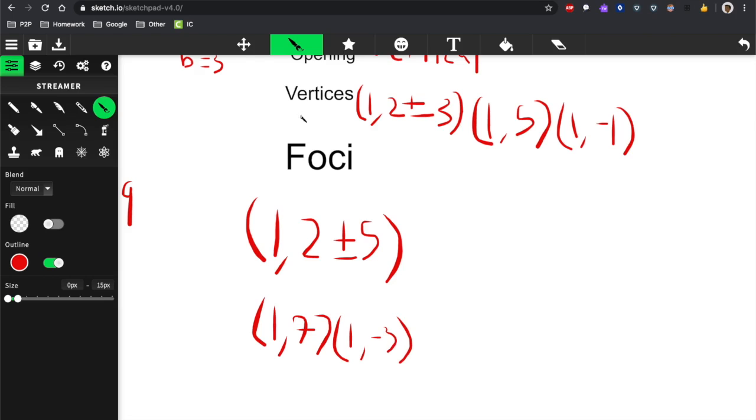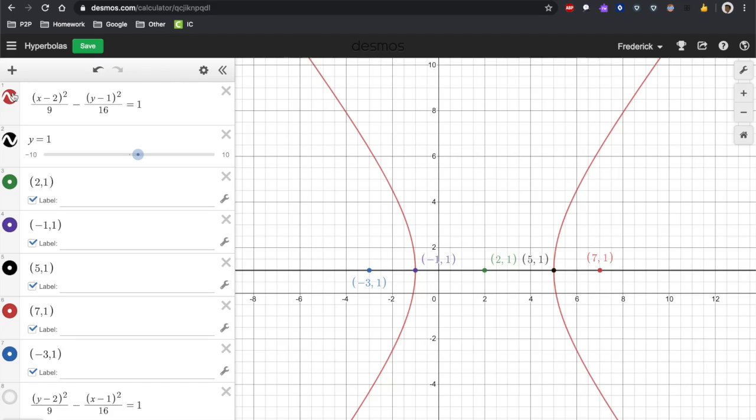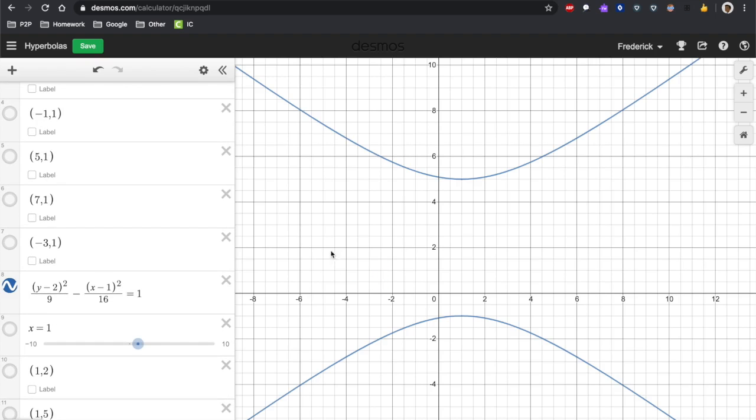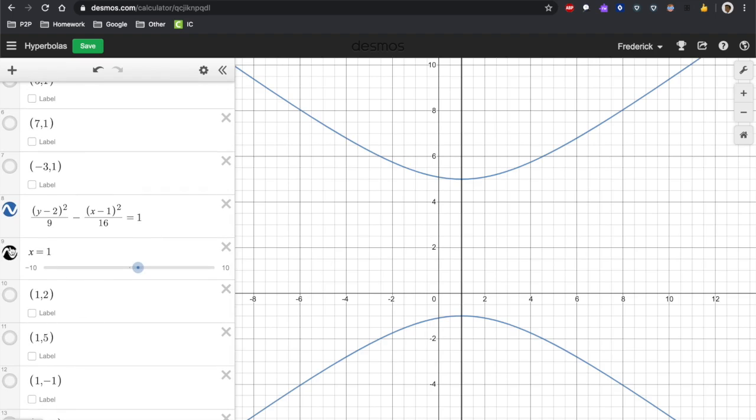Okay, now that we found all of these points on the graph, let's take a look at the graph to see how accurate we were. Let me just close all of these real quick so that we don't have to look at them while we are looking at this other hyperbola that is vertical. Now let's take a look. It is vertical. Perfect. Now we see the middle point is at x equals 1, which is our h value.